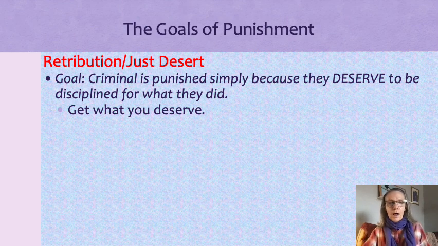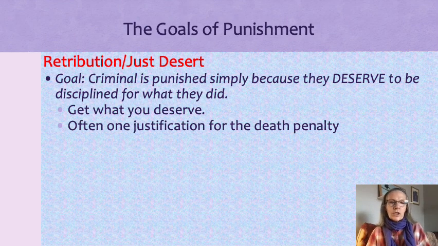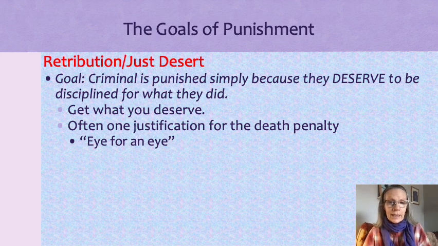Oftentimes, that's why it's called just desserts, because you get what you deserve. Oftentimes people use just desserts or retribution as a justification for the death penalty, sort of an eye for an eye, that if you take somebody's life in an intentionally horrible way, you are going to yourself die in an intentionally horrible way, right?